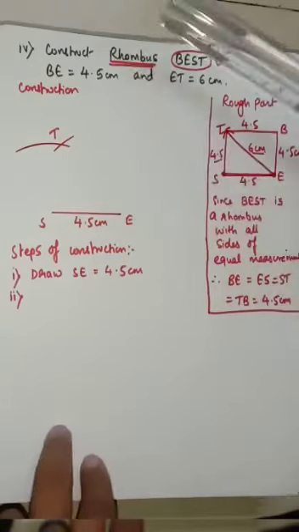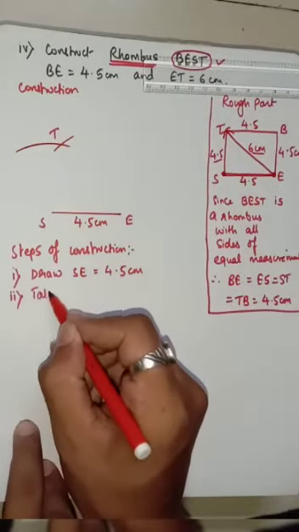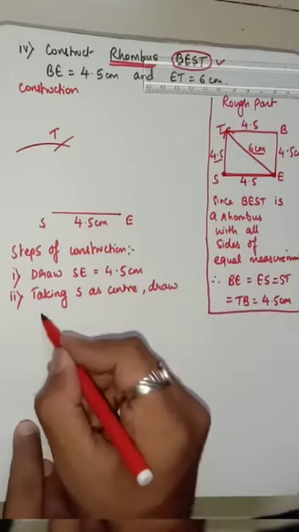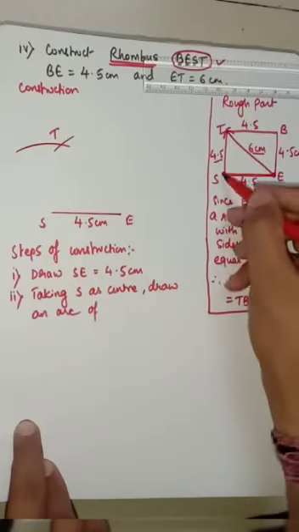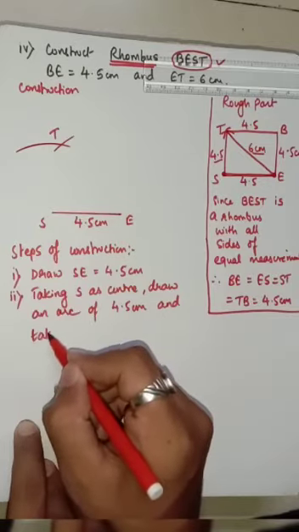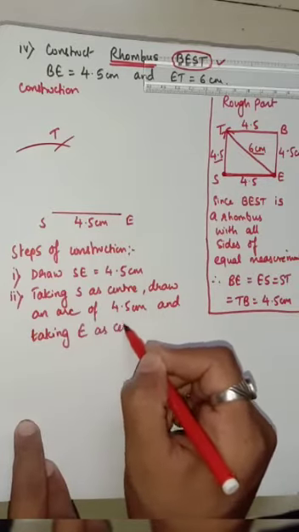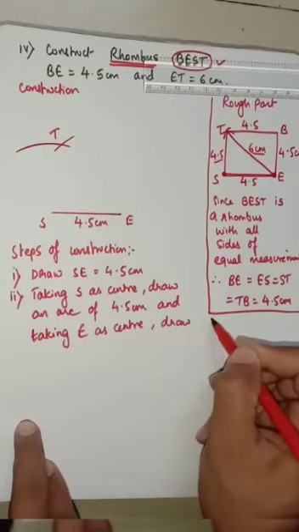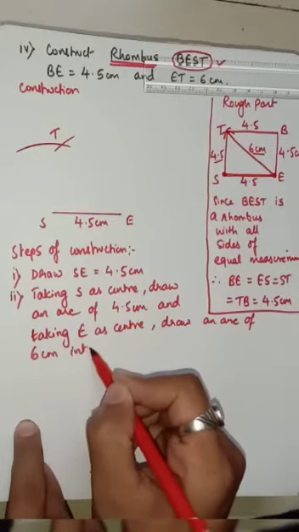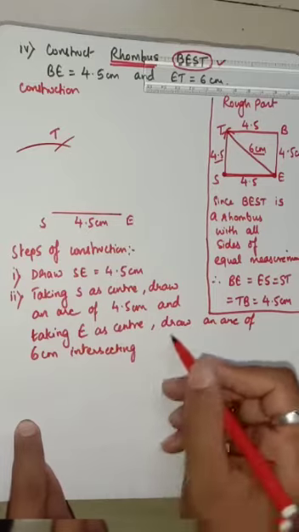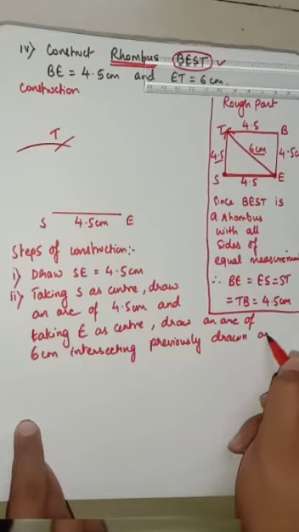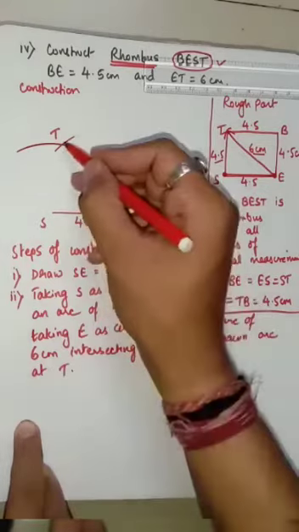So the step is: taking S as center, draw an arc of 4.5 centimeter, and taking E as center, draw an arc of 6 centimeter intersecting the previously drawn arc at T. At point T it is intersecting.